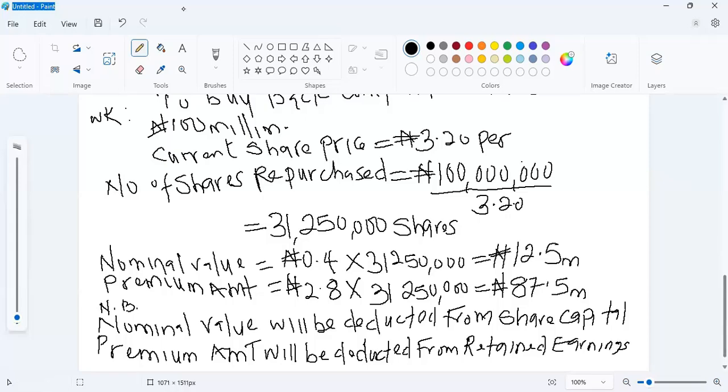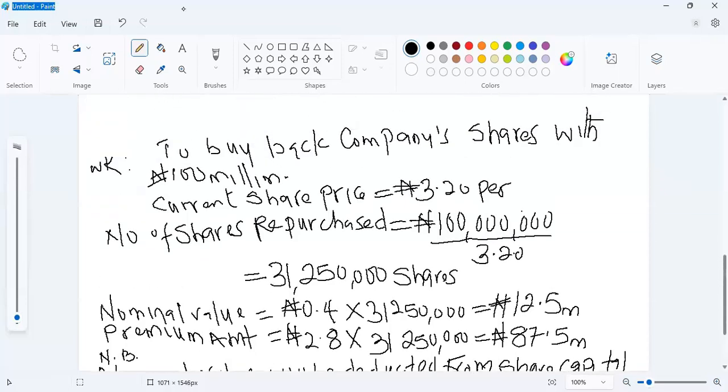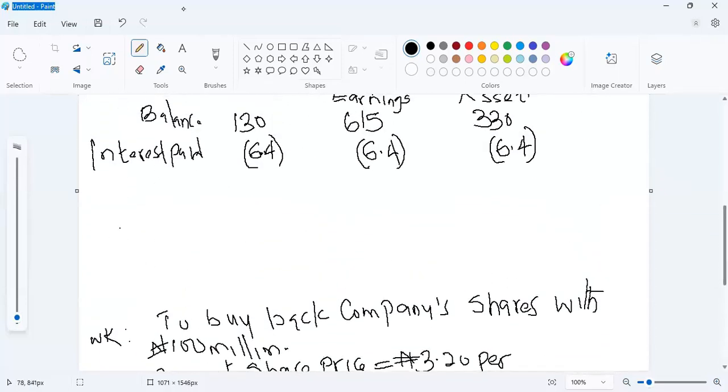We can now go and treat this. Look at it, please. The premium amount to be deducted from retained earnings is 87.5. You can now get your balance, please.